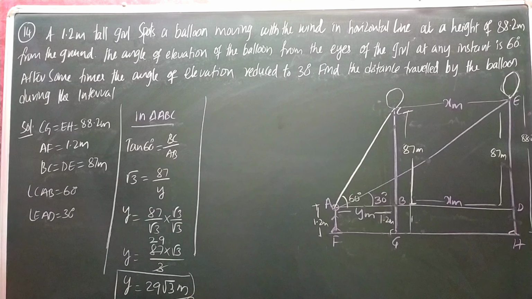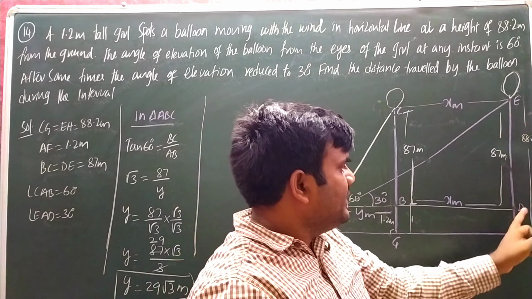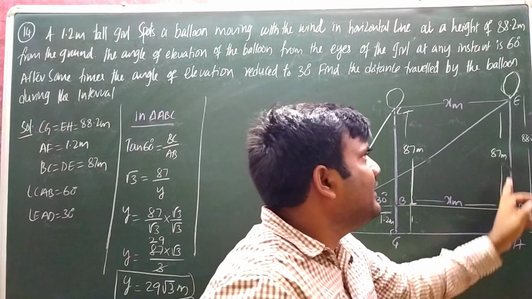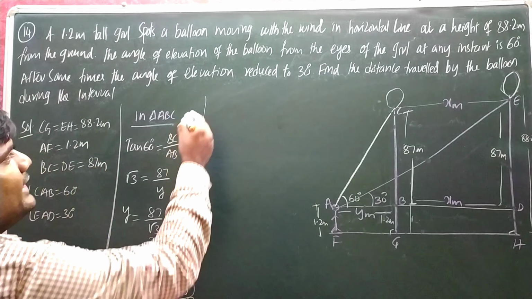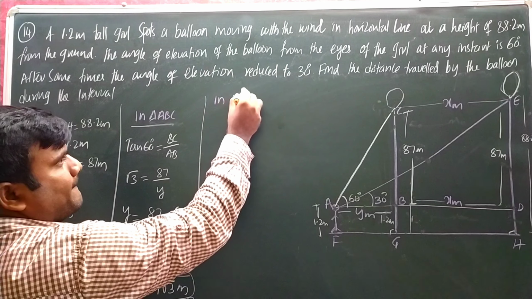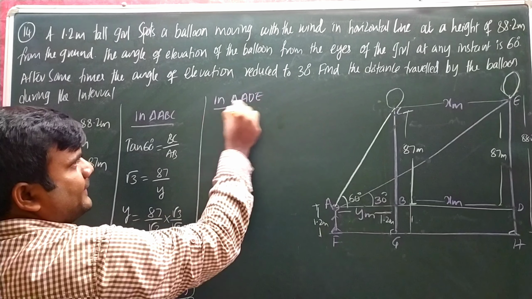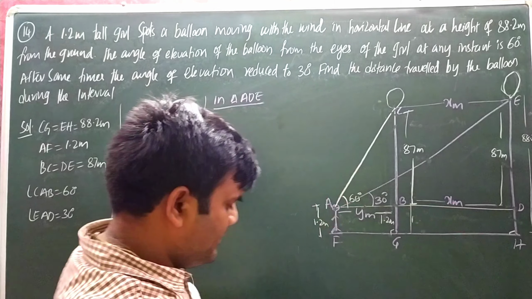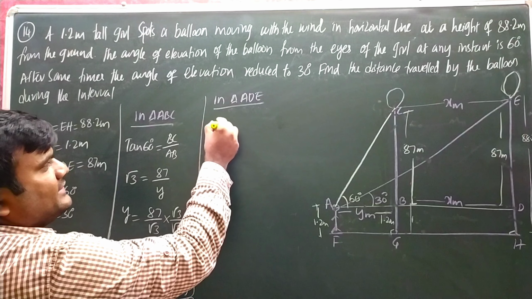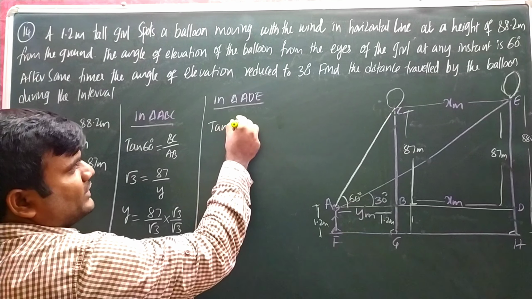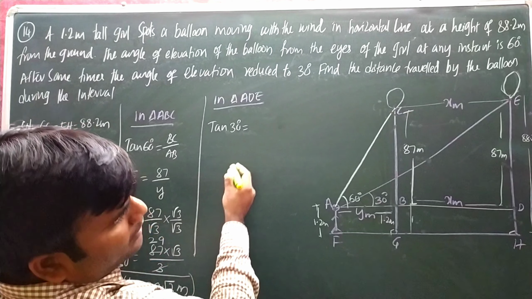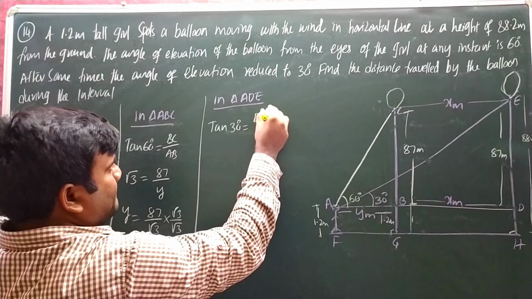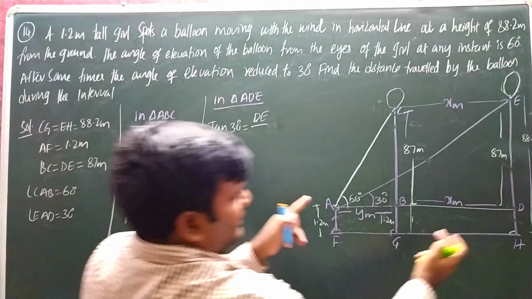Next, consider the second right-angled triangle, ADE. In triangle ADE, this angle is 30 degrees. Opposite by adjacent is tan. So tan 30 equals opposite DE by adjacent AD.